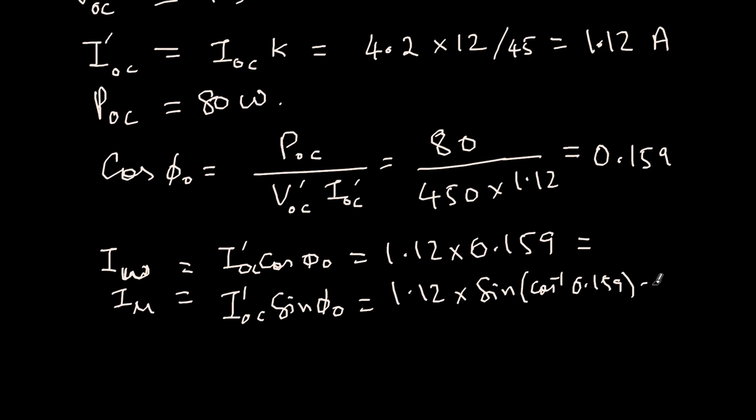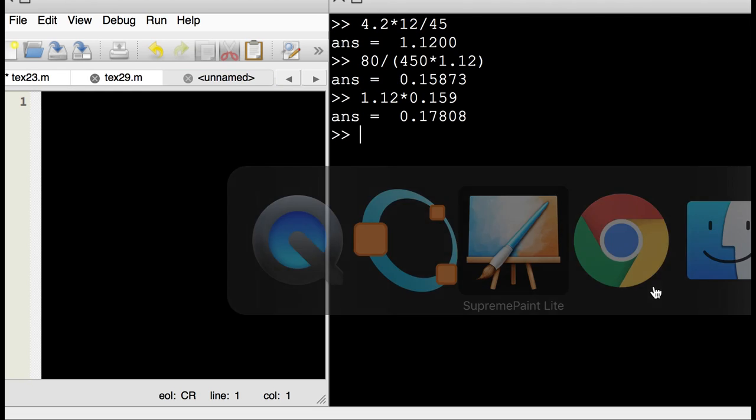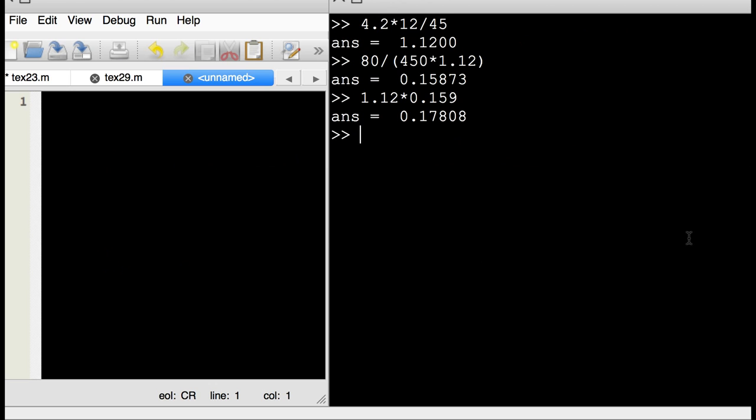So using these two, I'll get these two currents. So let me do that. 1.12 multiplied by 0.159 is 0.178. So this is amperes. Similarly, sine of cos inverse.